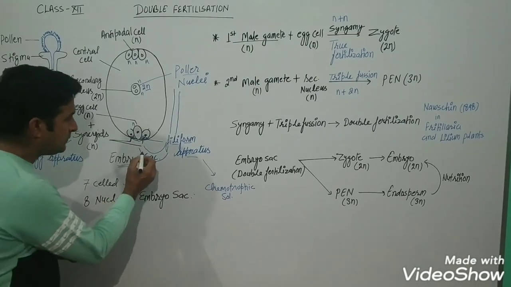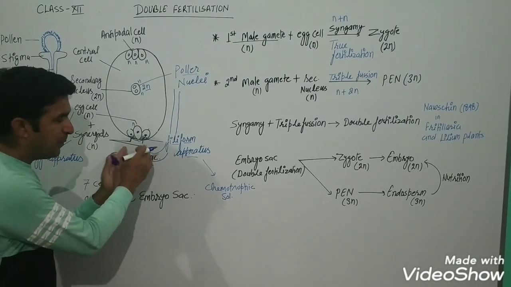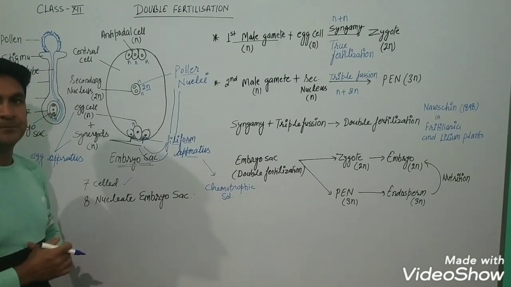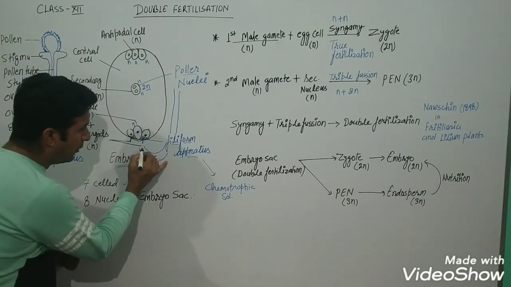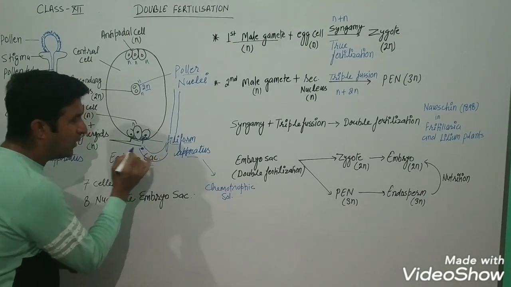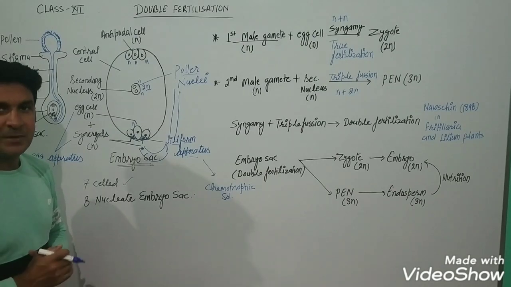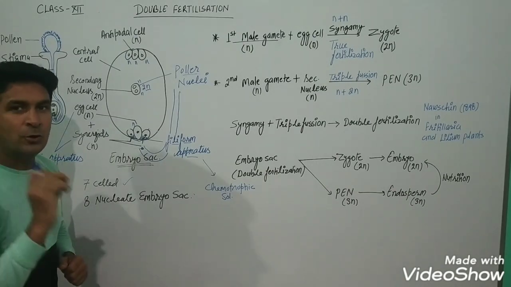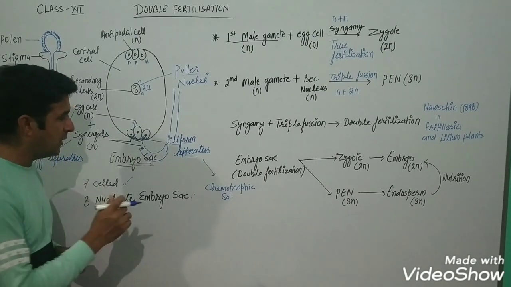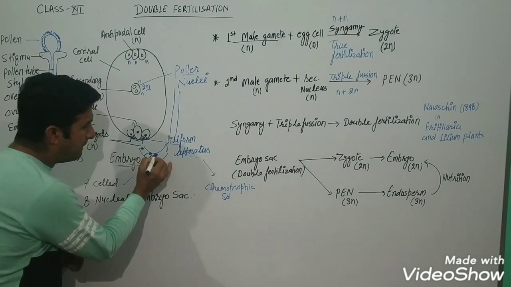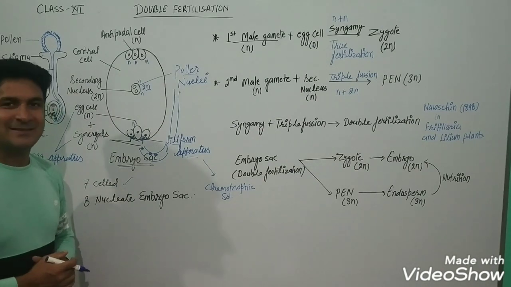Number two, when the pollen tube reaches here, the pollen tube has three nuclei. First of all, in front, one nucleus is there, and that is called the tube nucleus. This is what? Tube nucleus. And behind the tube nucleus, two male gametes are present.